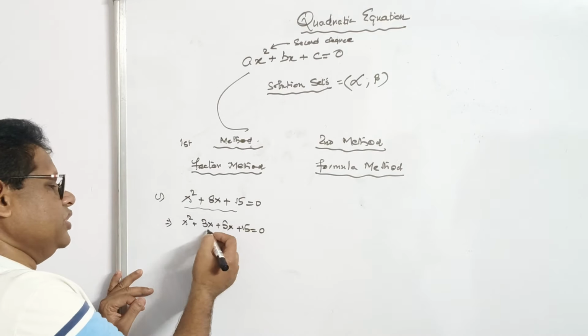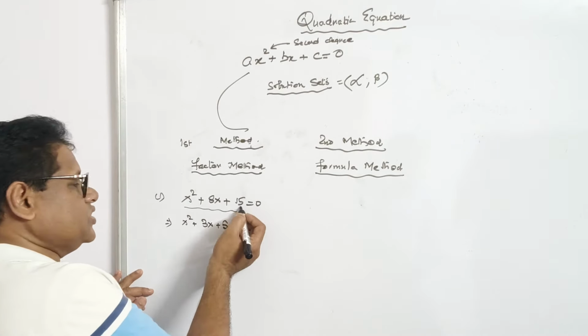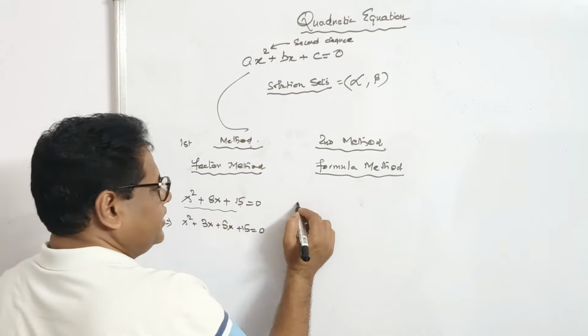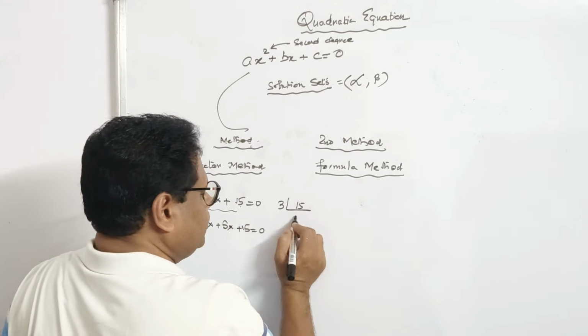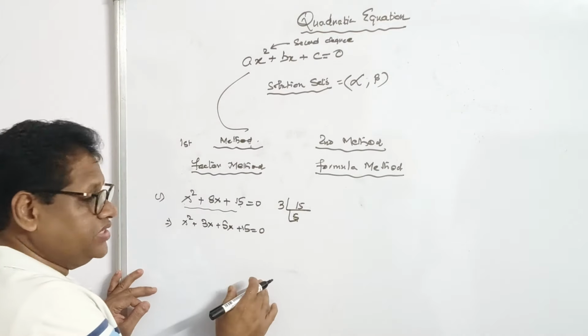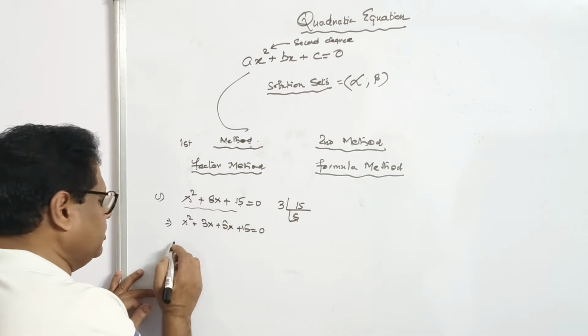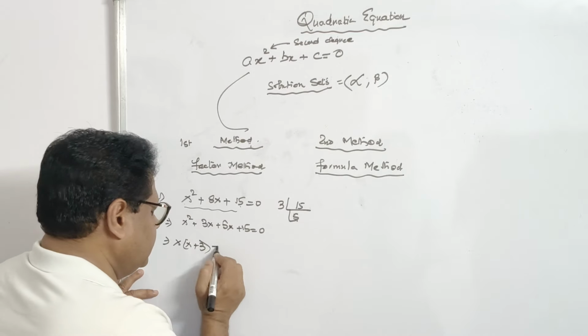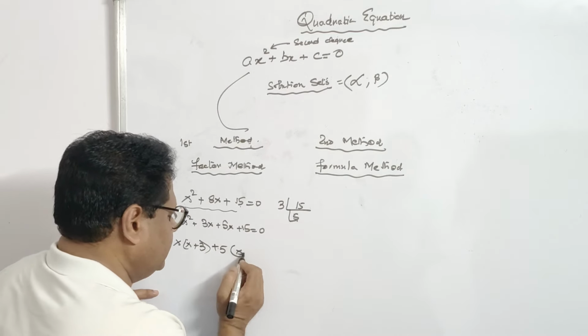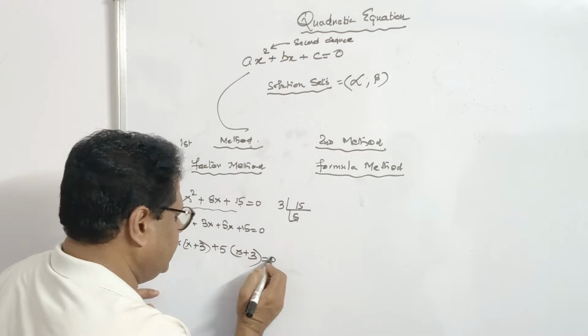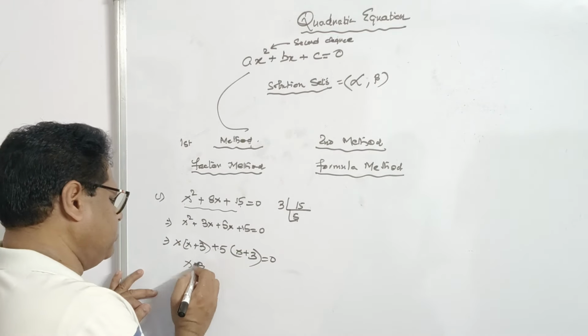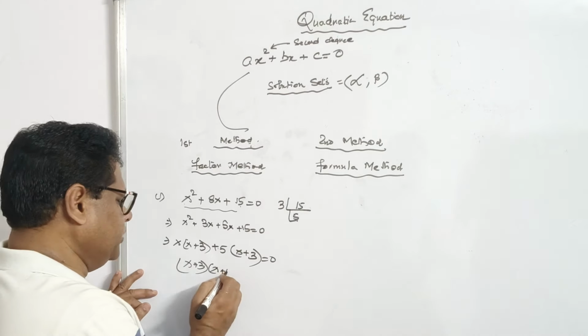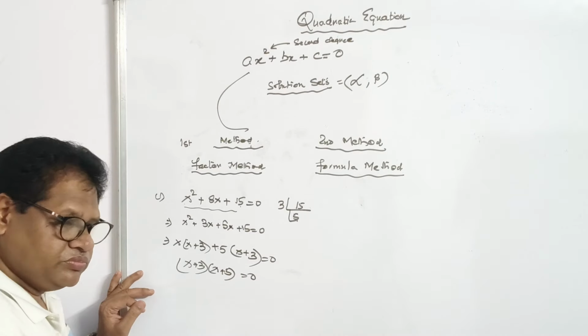How did you come to know about this? Multiply the constant term by the coefficient of x square and get the prime factors. So these are the prime factors, and we have broken the middle term as a sum of two numbers. Now factorize this. This is x plus 3, then 5 times x plus 3. So this means x plus 3 into x plus 5 equals 0.